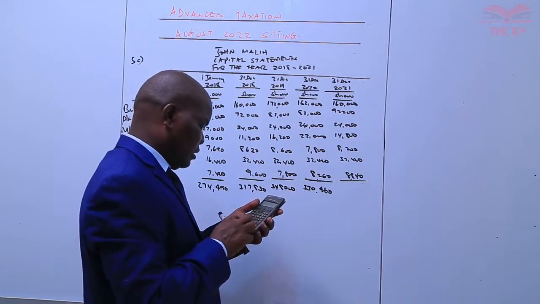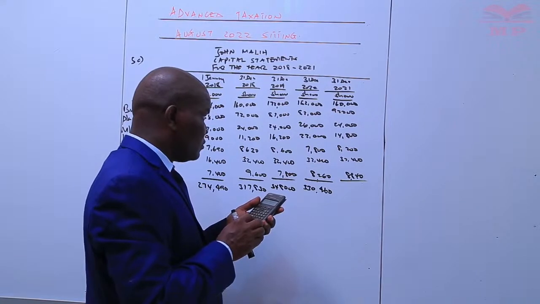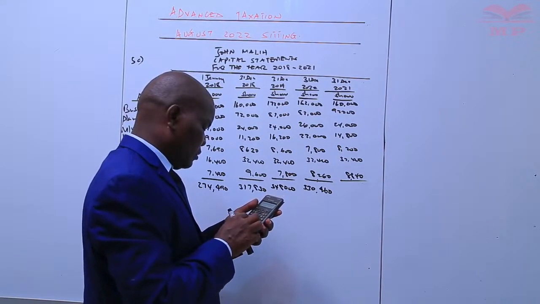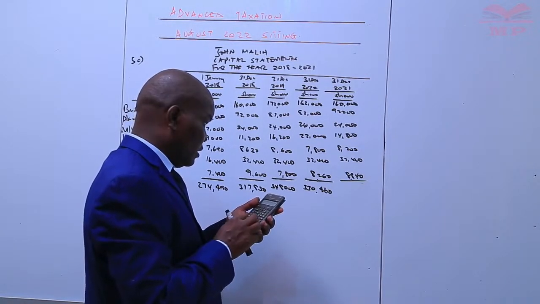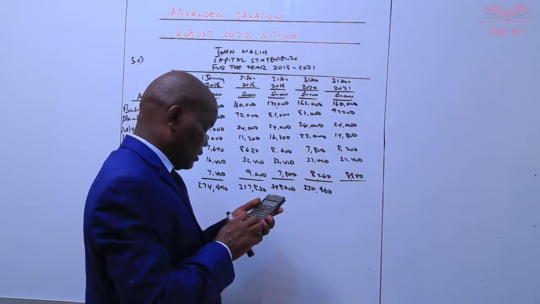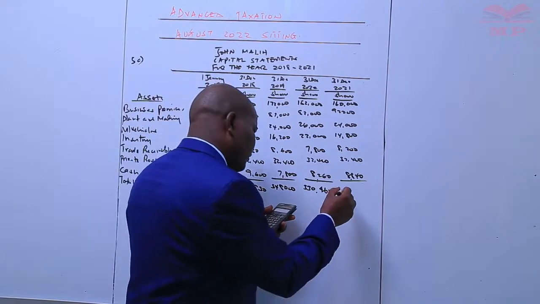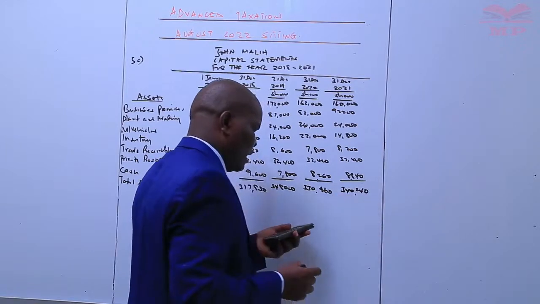Lastly, 2021, 160, 92, 24, 14,800, 8,200, 32,400, and 8840. I get 340,240. That is step 1.